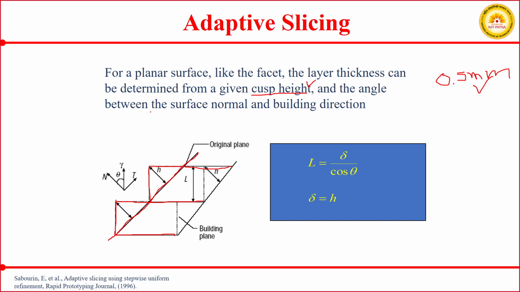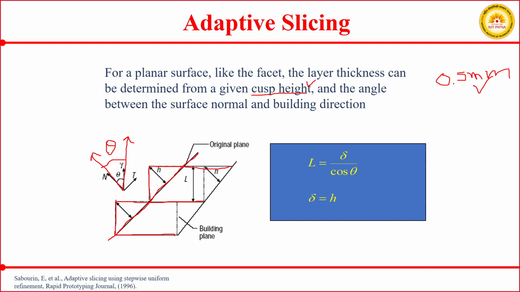Suppose the angle between the surface normal and the build direction is theta. Our build direction will be this, and this is your original plane surface, and the normal to the surface is this. So suppose the angle between these two is theta.